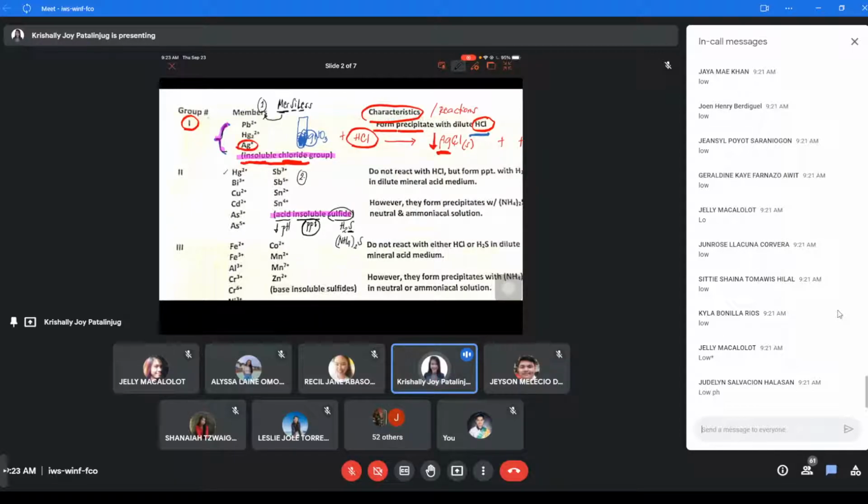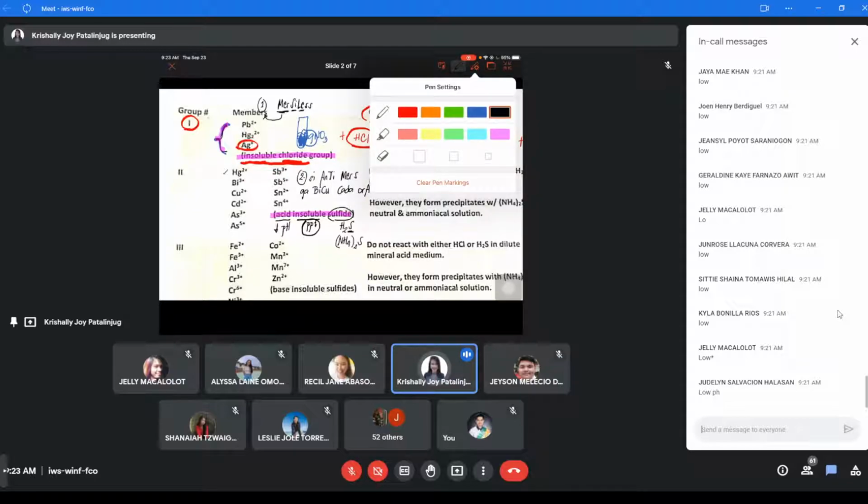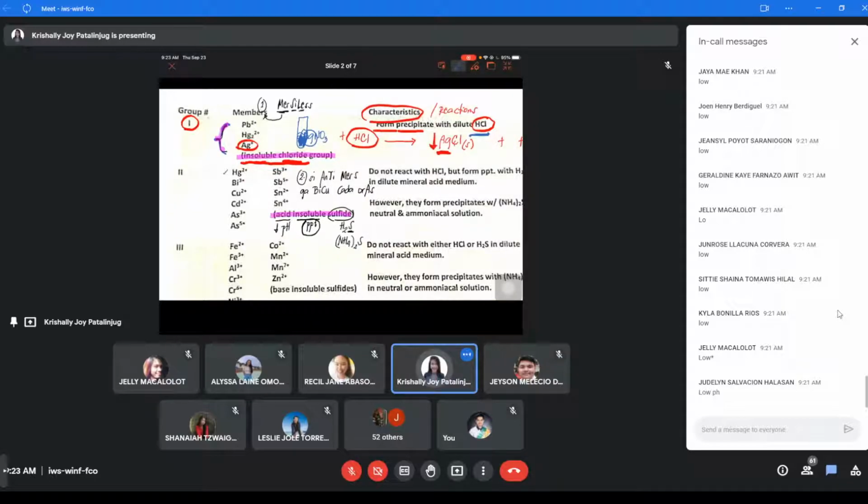Yung mnemonics ko po dito is si antimers, gabi ko, kada oras. Please take note of those letters that I emphasized or ako asyang uppercase. Yun yung mga cations.